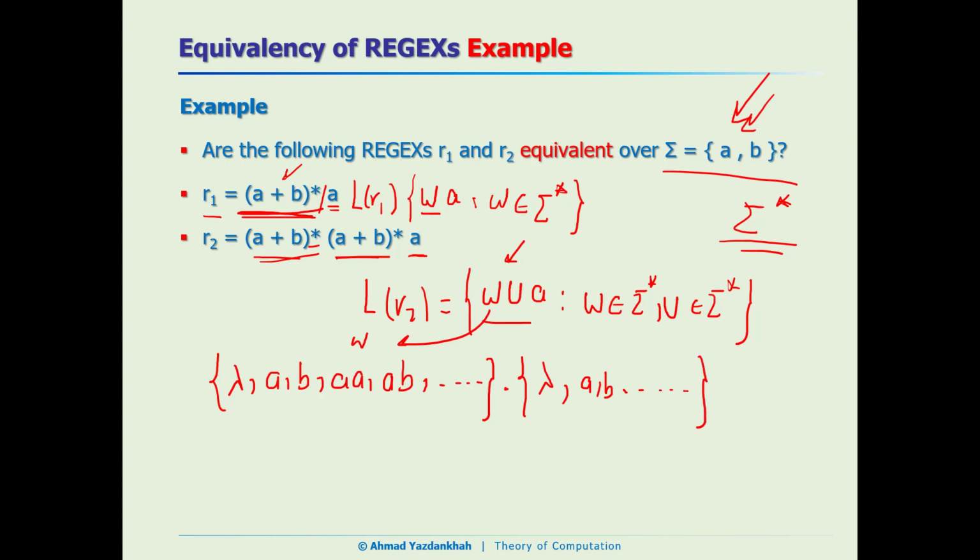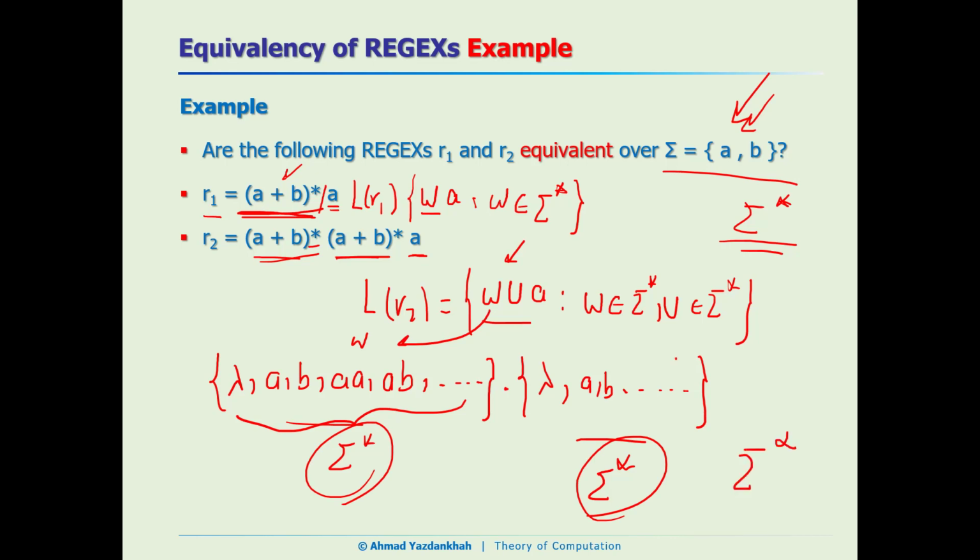So if you concatenate these two, what do we get? Can we make a set bigger than this, whatever it is? Not really, right? In fact, sigma star and sigma star, when we concatenate both of them, we will get sigma star, because this is the biggest set that we can make with A and B, all right?